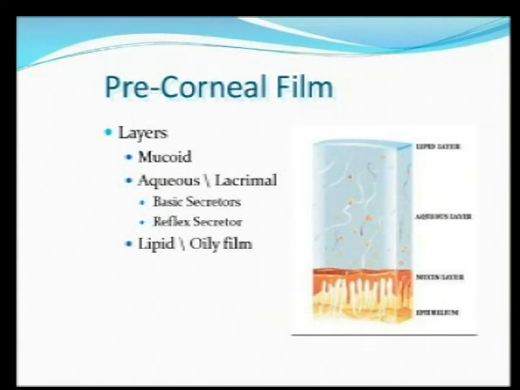So one of the main functions of the mucin layer is to convert that relatively hydrophobic surface to a hydrophilic, or water-loving, surface. By having a foundation of mucus, it allows the aqueous layer to spread and adhere for a longer period of time to the cornea. Again, no mucus, you could have a bunch of lacrimal fluid getting pumped out, but it just beads up and runs off, really doesn't do what it needs to do.